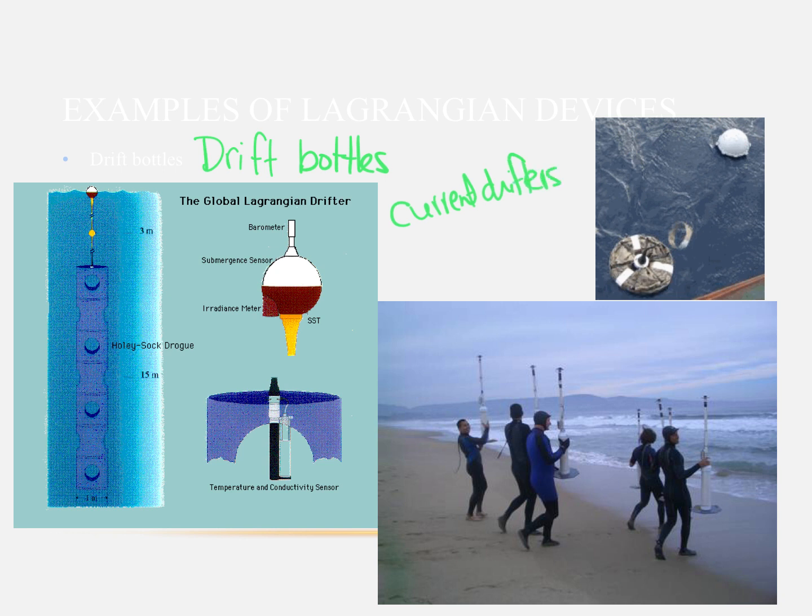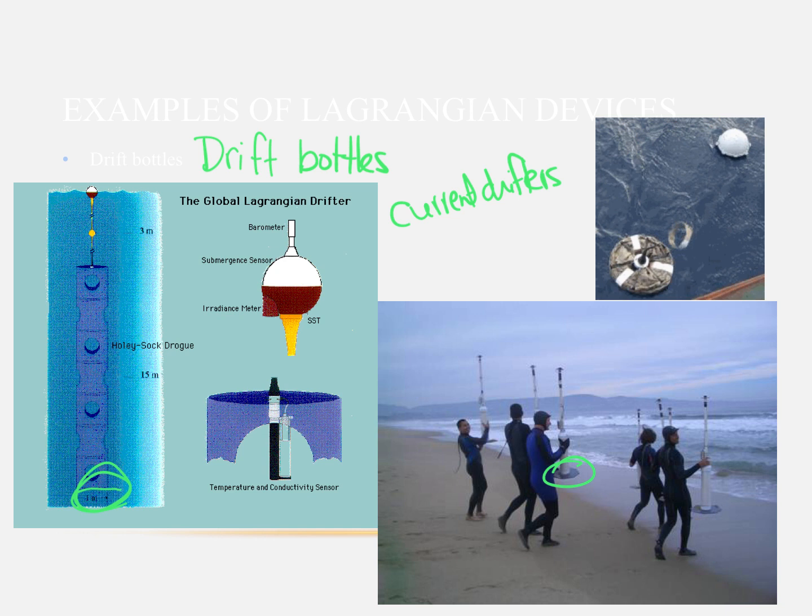These are commonly used by physical oceanographers. They're originally placed at sea with a weight on them to keep them upright in the wind. So notice here, there's a weight down here.